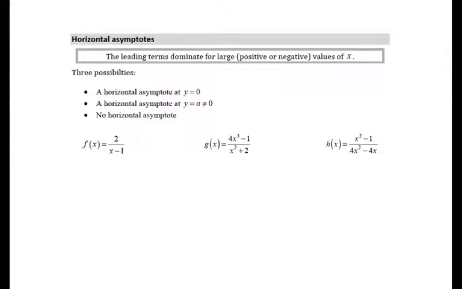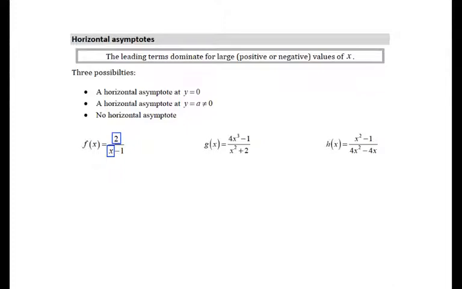So looking at our first example here, 2 is the only term on the top, and x is the leading term on the bottom. The leading term is the one that has the highest power out of all the terms in that polynomial.